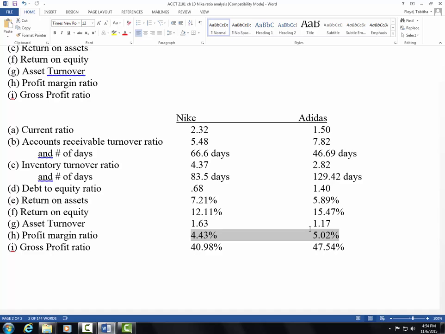You want more sales dollars to make their way to net income. So Adidas is doing better there. Adidas is being more profitable. Gross profit. How much of our sales dollars do we have left to cover all of our other expenses after we pay for cost of goods sold? That is what gross profit ratio tells us. And Adidas is doing better there. Higher.